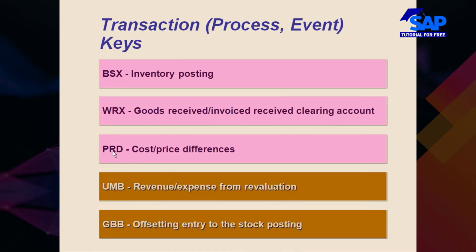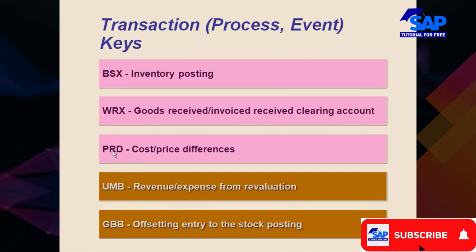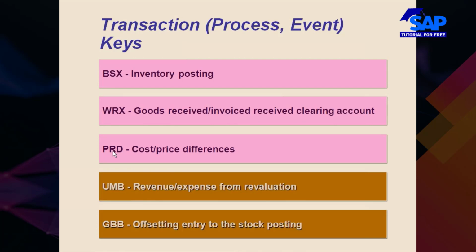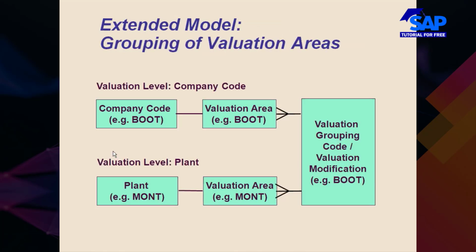So like this, you have different transaction event keys. Over a period of time, once you start doing this activity, you will come across a lot of transaction event keys.